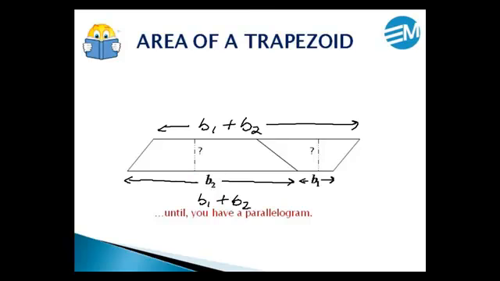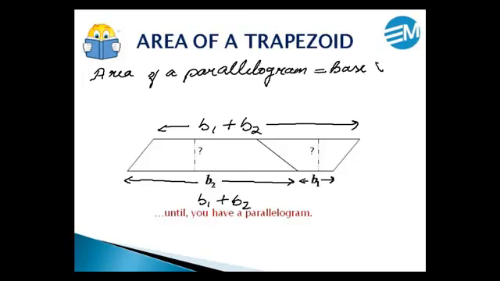My question is: what is the area of a parallelogram, the general formula? Base times height. That's right. And what is the base here? The base is B2 plus B1.